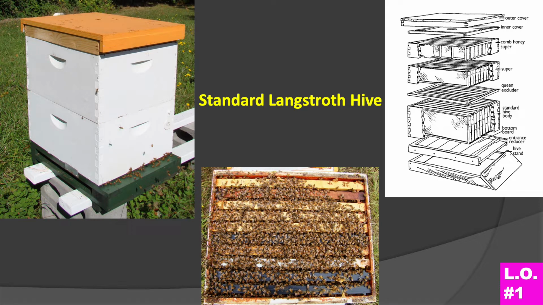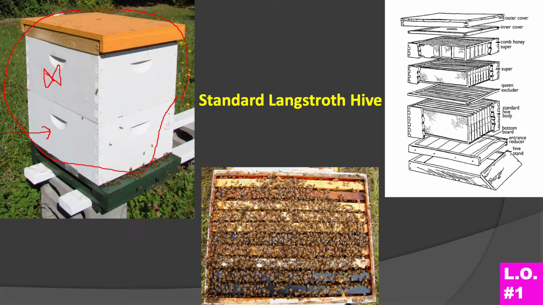Here is an example of a standard Langstroth beehive. The picture on the left illustrates a traditional hive that has, in the bottom box, this is where the bees are located. This is where the brood is located. And then in this top box, that's your honey super, and this is where the bees will be storing honey.